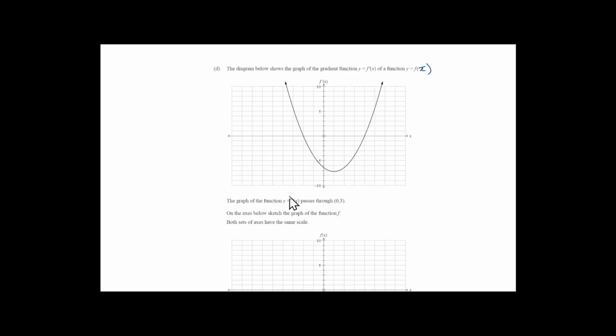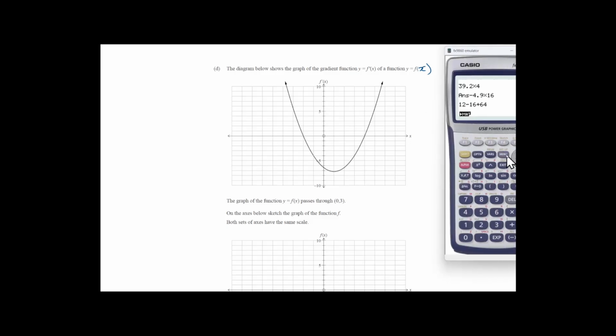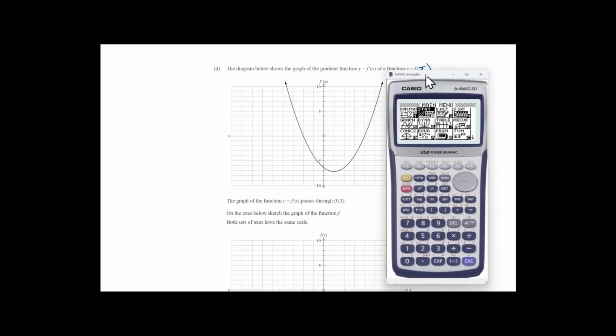So let's do our trick with the calculator. Let's go to stat mode again. This is the parabola that we did last time. So we need three obvious places. One there, negative 2, 0.